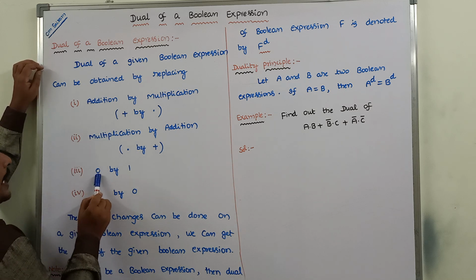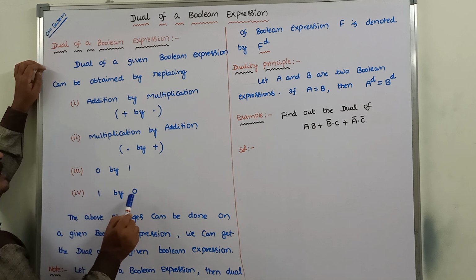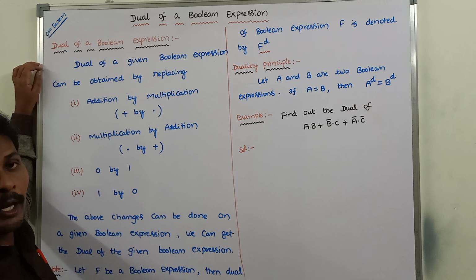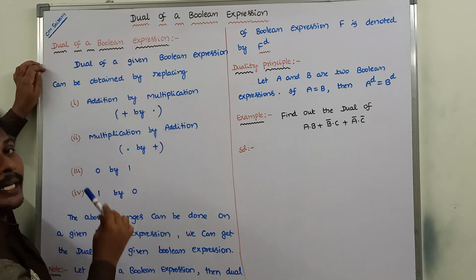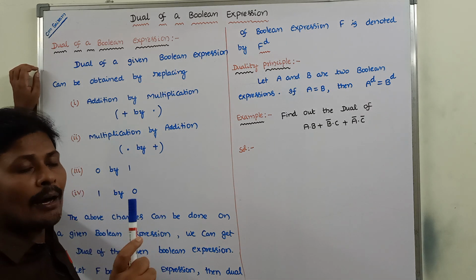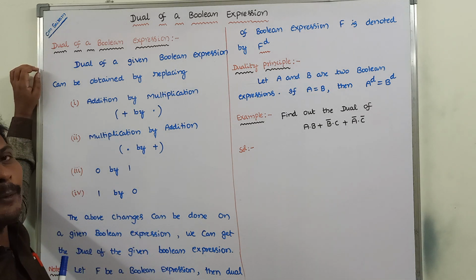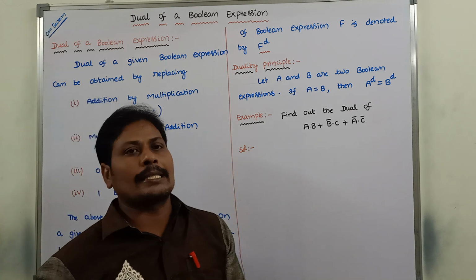Third step, 0 is replaced by 1. Fourth step, 1 is replaced by 0. Whenever these four steps are completed on the given Boolean expression, we get the dual of the given Boolean expression.